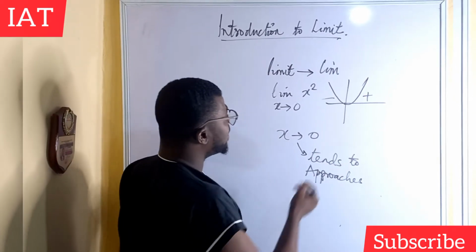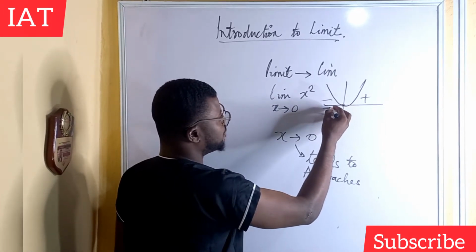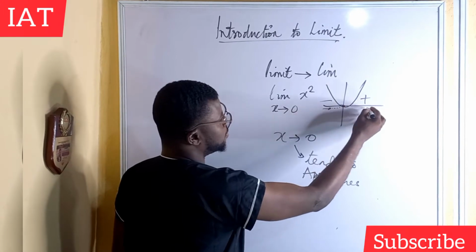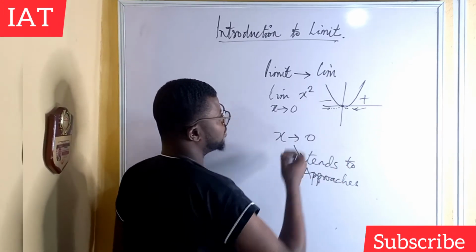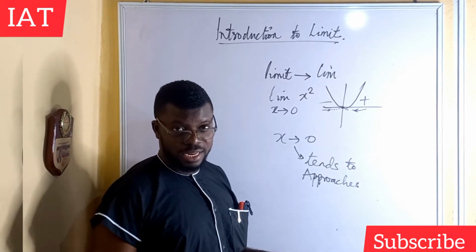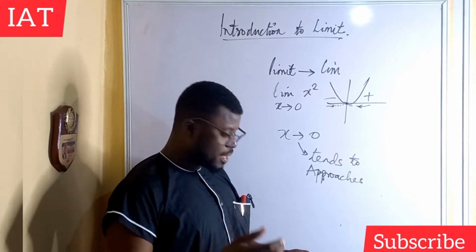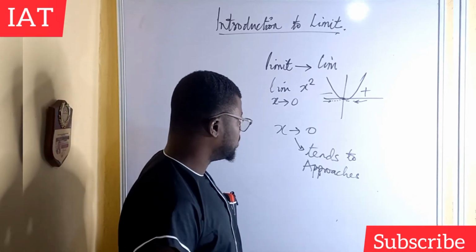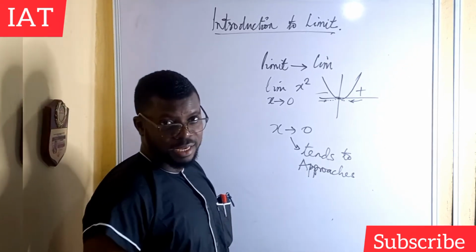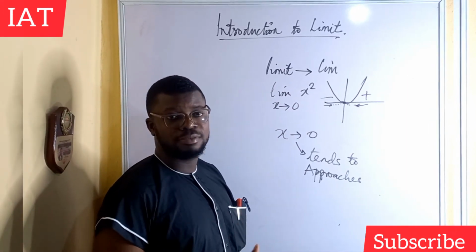So if x is tending to 0, what we mean is either it's coming from this direction moving towards 0 or coming from this direction moving towards 0. All right, so that is the best way we can easily tell what approaches or tends to could be. There are other mathematical relations to it, but in this video we're going to concern ourselves with the necessary parameter that will help guide you to pass your exams that relate to limit.